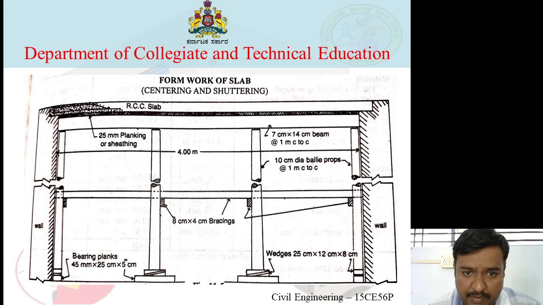For horizontal stiffness we give bracing of 8 centimeter into 4 centimeter, and below that the foundation structures are called bearing planks and wedges of 25 centimeter into 8 centimeter. So this is about the formwork for slab.